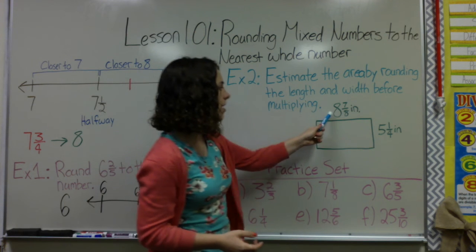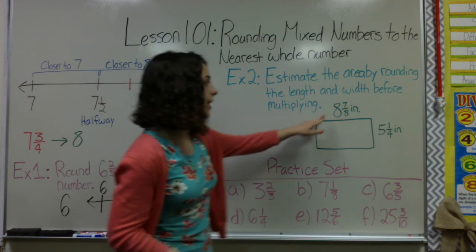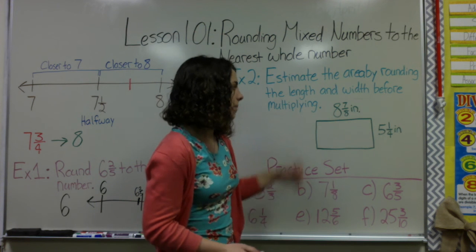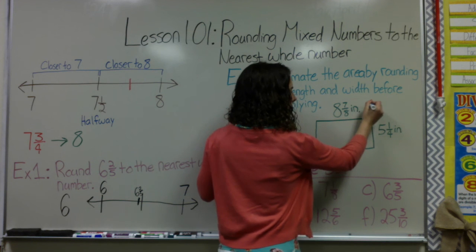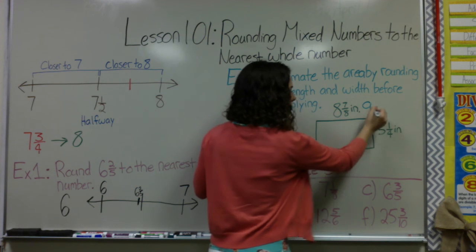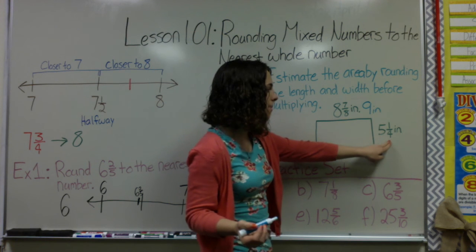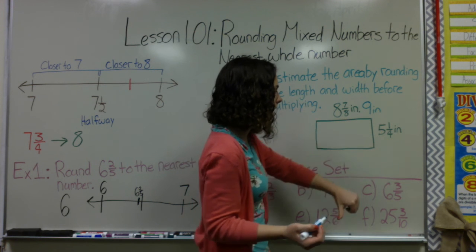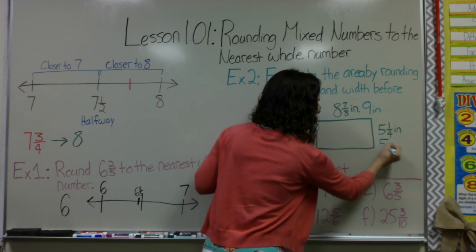So I'm going to round 8 7/8. I should recognize really quickly that 8 7/8 rounds up to the next whole number, which would be 9. 7 is more than half of 8, so this rounds to 9 inches. And 5 1/4. 1/4 is smaller than a half, so I'm going to round down, meaning I'm going to round to 5. That would be the closest whole number.